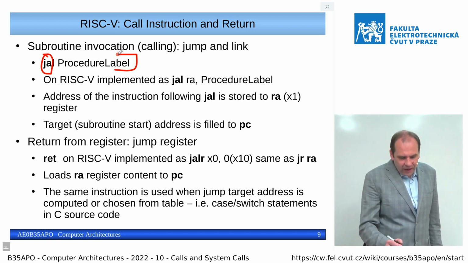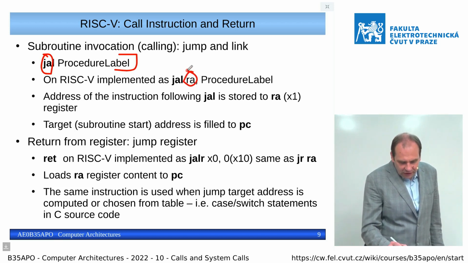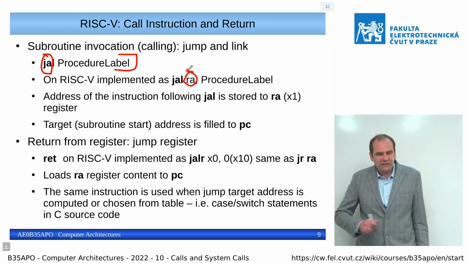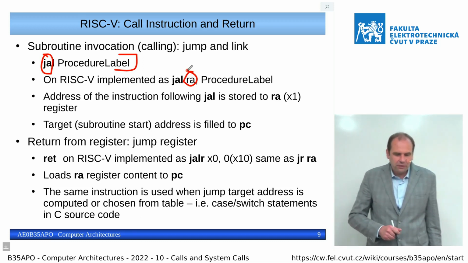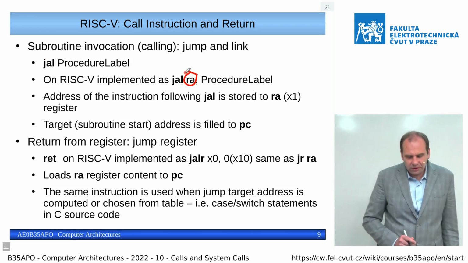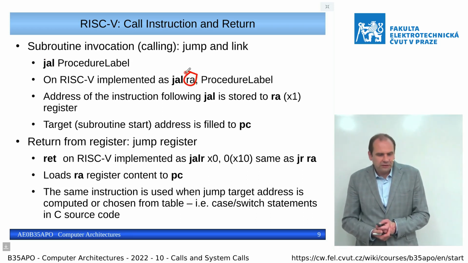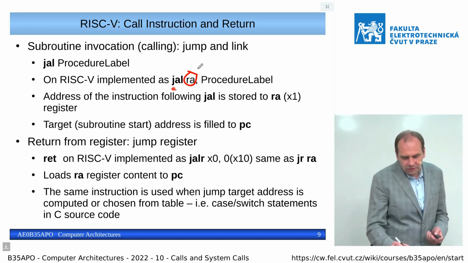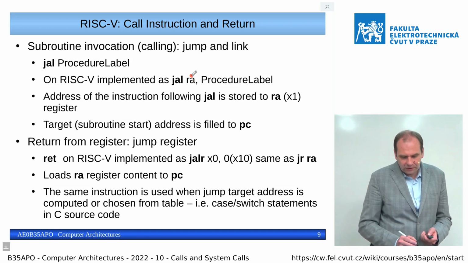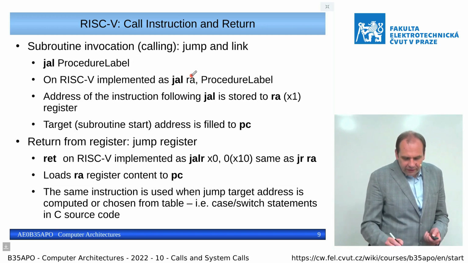In the case of RISC-V, the destination register where we want to store the return address is not fixed by the hardware, but it is possible to select where we want to store it. But the default, or the one used most often, is the return address register.